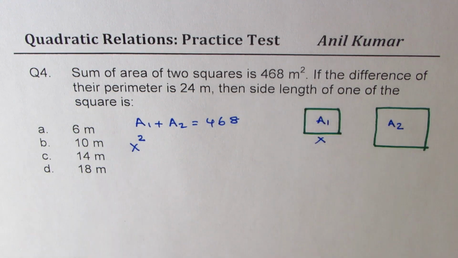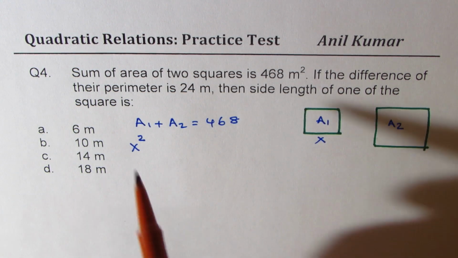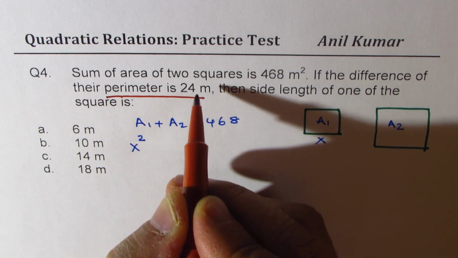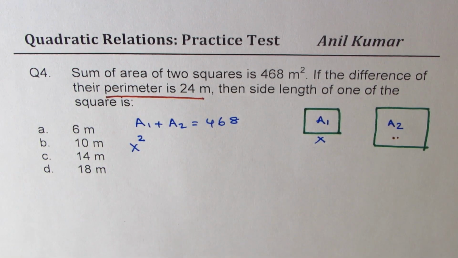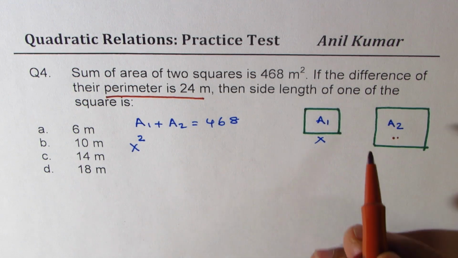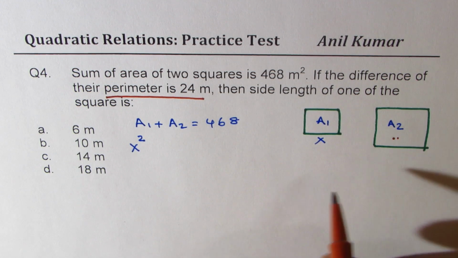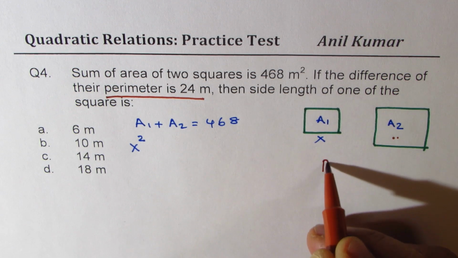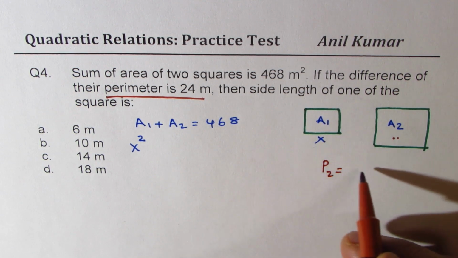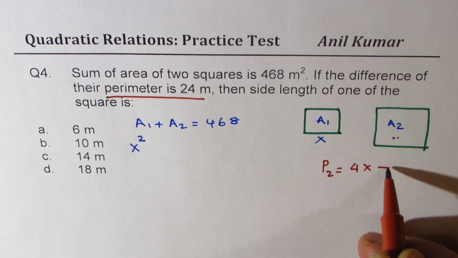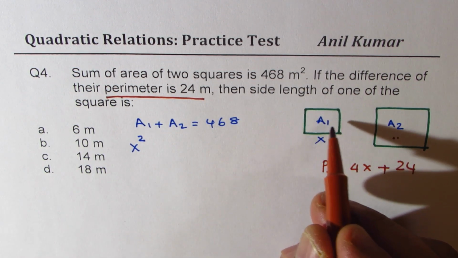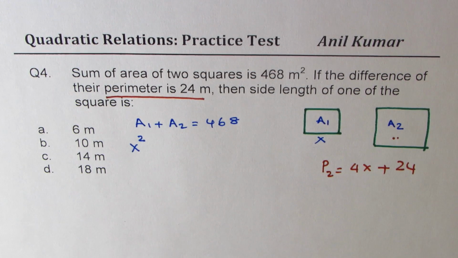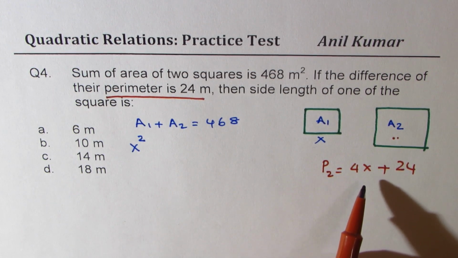For that, we are given that the perimeter is 24 more, right? So for this square, the perimeter is 24 more. So for A2, the perimeter of the second will be 4x plus 24, 24 more than the perimeter of the first square, which is 4x.